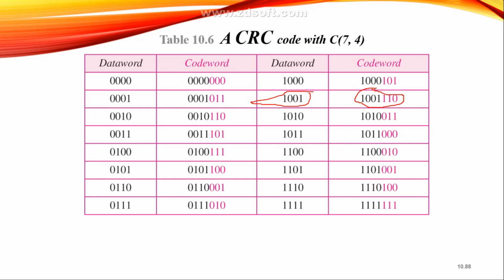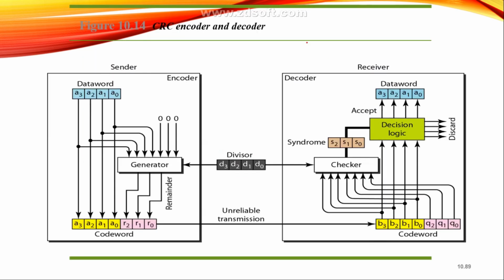Please observe this table. Now we are going to see how this code word is generated by means of the encoder and decoder. This is a CRC encoder and decoder. In the encoder, the data word A0 to A3 has k bits.